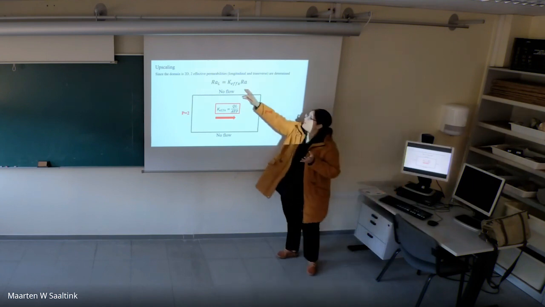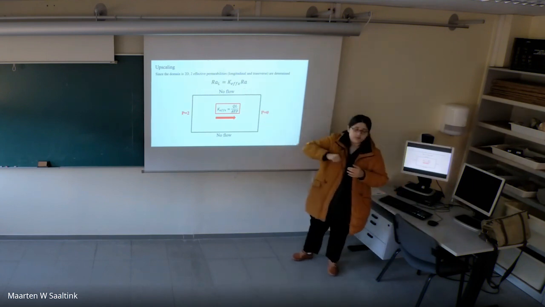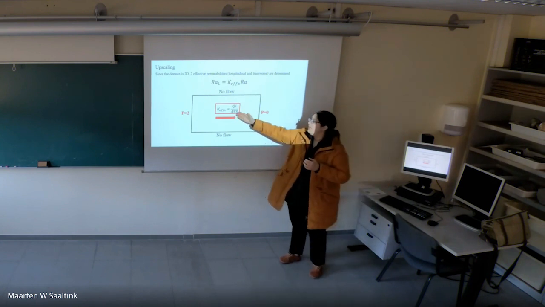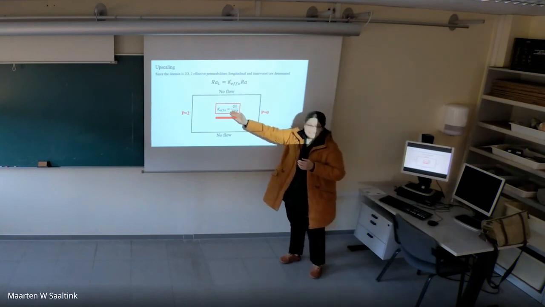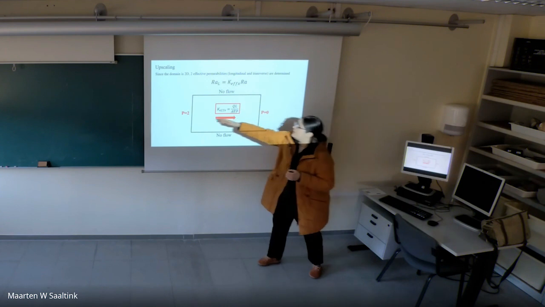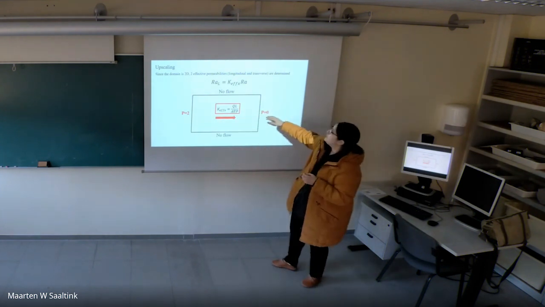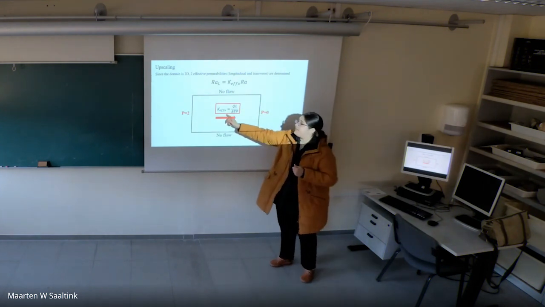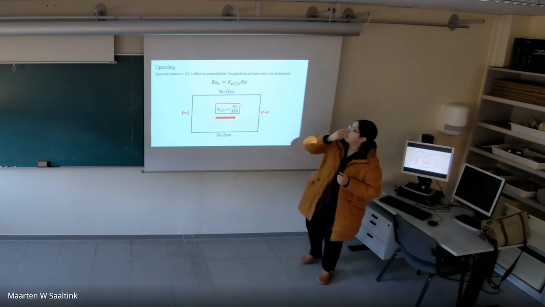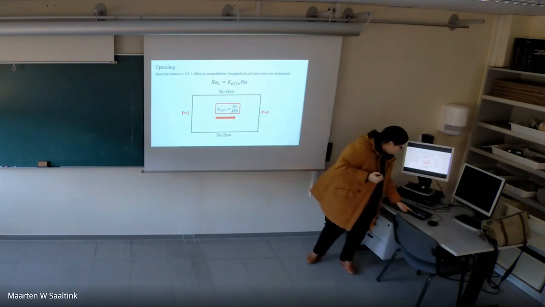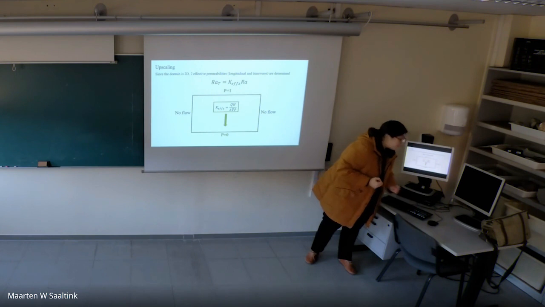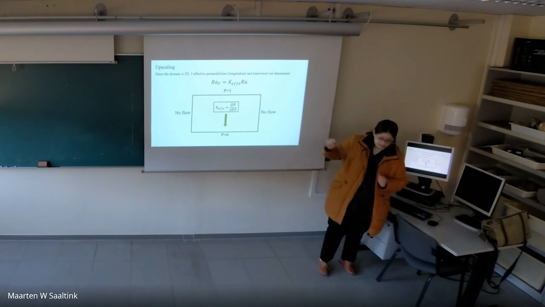So we expressed this new longitudinal Rayleigh number by simply solving Darcy's law, imposing a gradient in the longitudinal direction. We can find the k-effective x, and we can thus define a new Rayleigh number. The same has been done in the transverse direction.